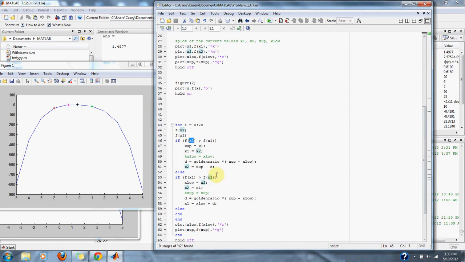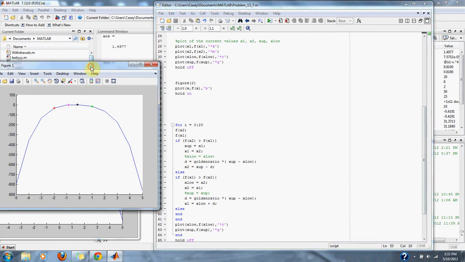And conversely, if f of x1 is greater than f of x2, we take our x2, which is here in pink, and make that our new x lower, so the red would go to the pink. And essentially that's what happens.